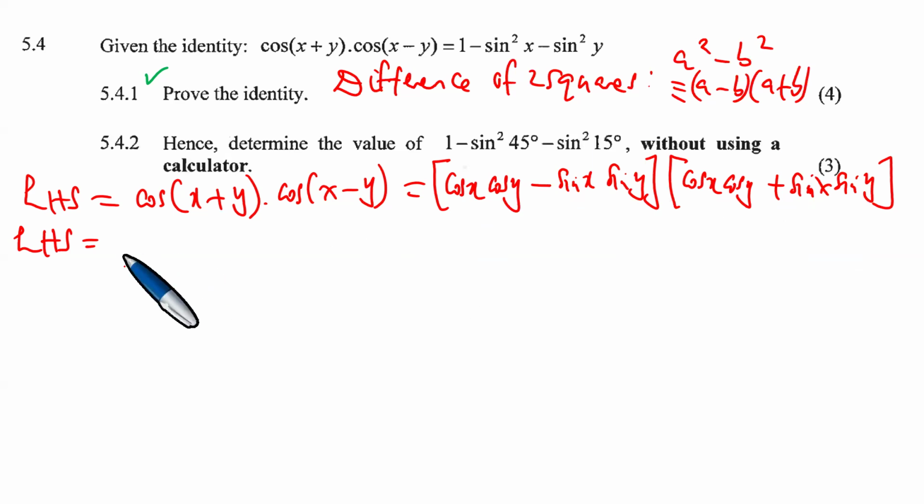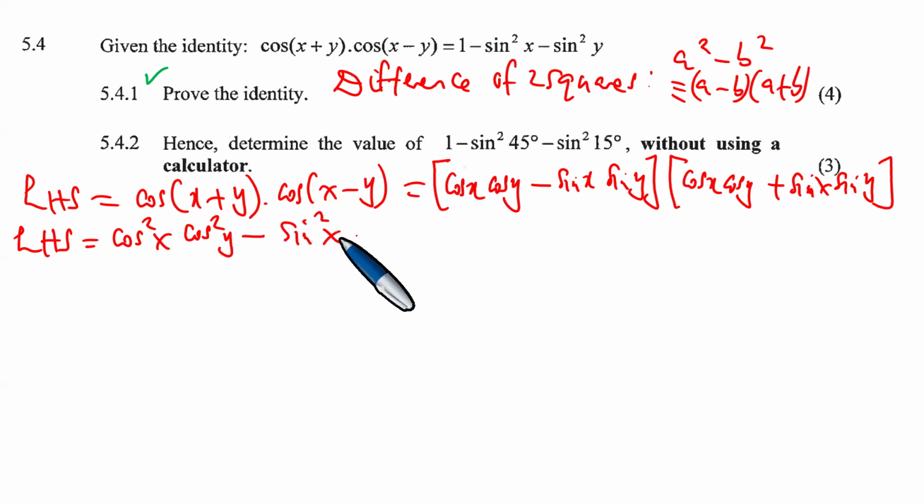Okay, so at this point, we can just multiply these with that, which means it's going to give us cosine squared x, cosine squared y. So just multiply this with that and this with that only. Difference of two squares, which is sine squared x, sine squared y. Okay, that is what we are able to achieve. And what is the left-hand side?